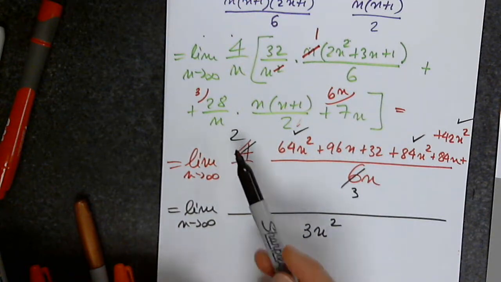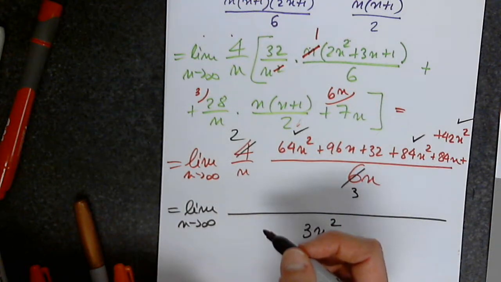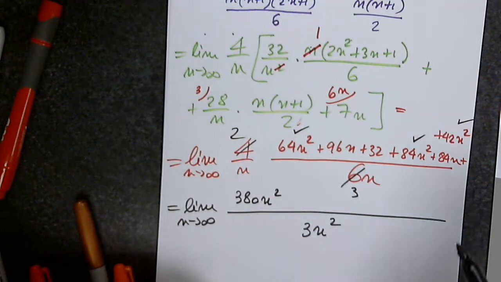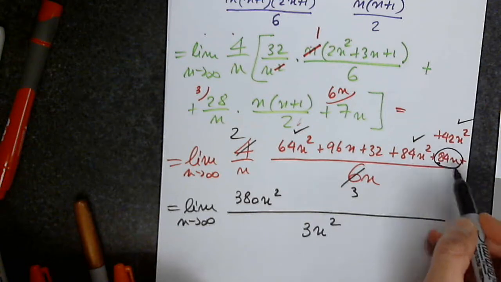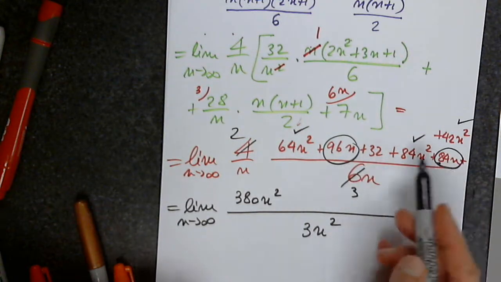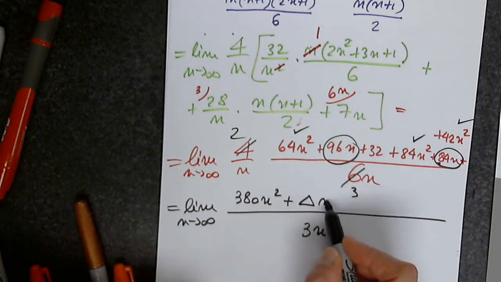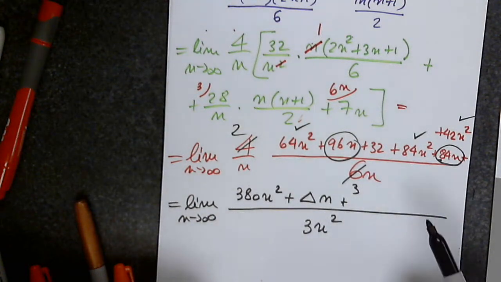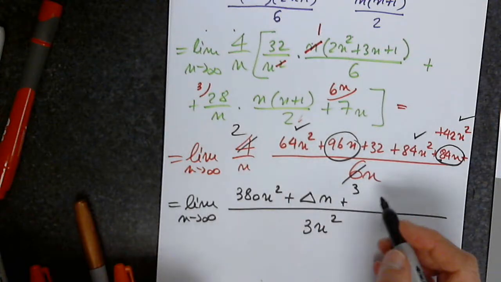And 190 multiplied by 2. 380 n squared. Now I'm going to calculate these. And I'm going to say, I refuse to calculate it. Well, you can, of course we will. But I don't need it. N plus 64.